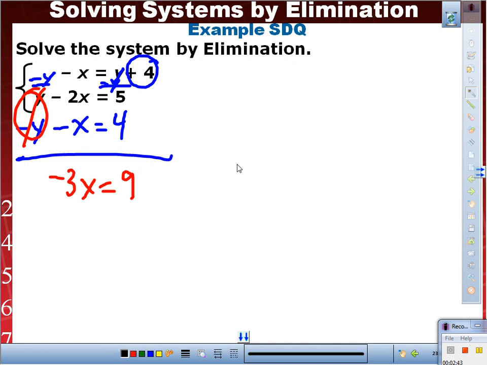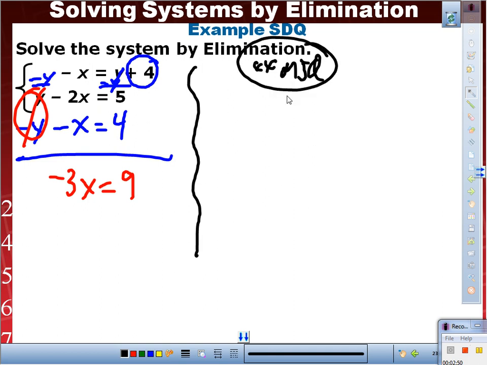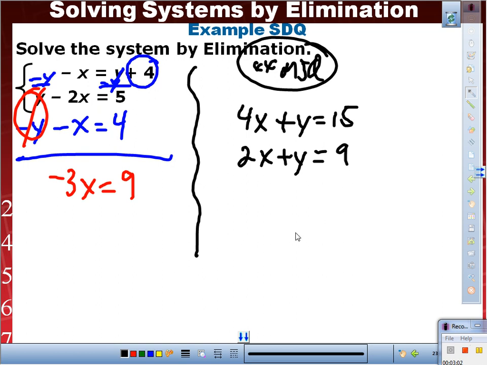But what happens when we have example Michael Jordan Q? Copy this. 4x plus y equals 15, and 2x plus y equals 9. So let's see the 3 prerequisites.